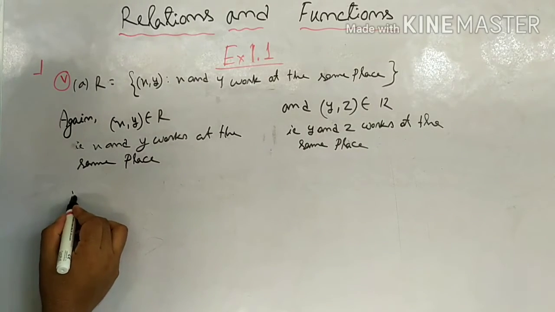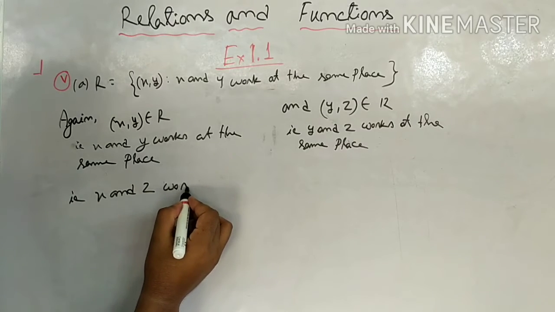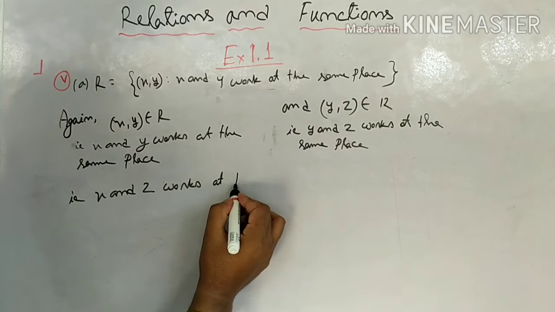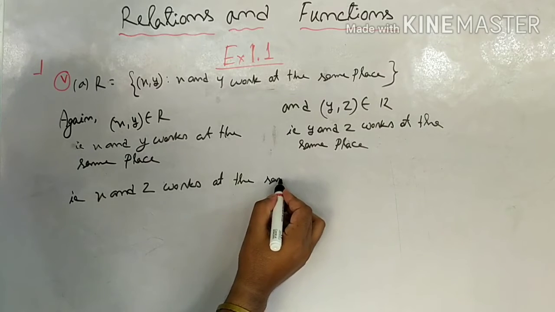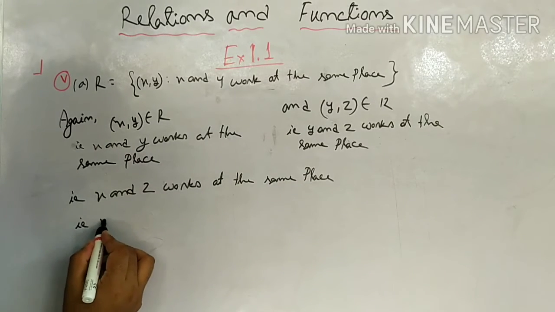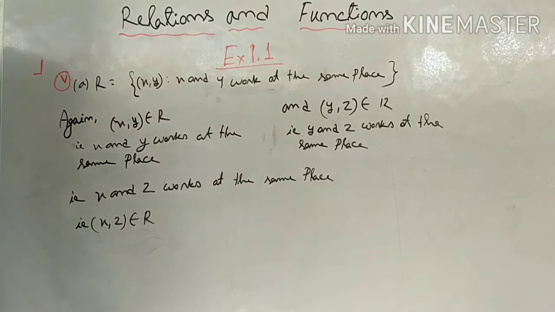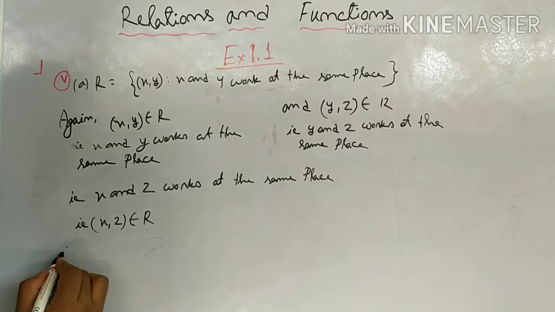Now see, since x and y work at the same place and y and z work at the same place, x and z work at the same place. Therefore (x, z) belongs to R. Therefore R is transitive.